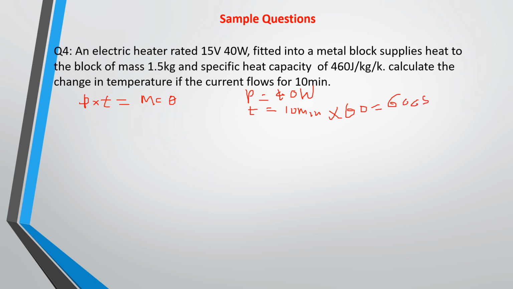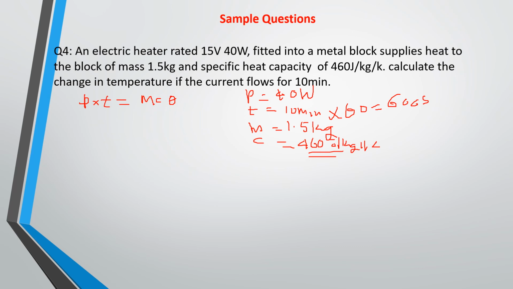Then the mass of the block the heat is transferred to is 1.5 kg, and the heat capacity is given to you to be 460 joule per kg per K. Okay, so I have gotten all this.